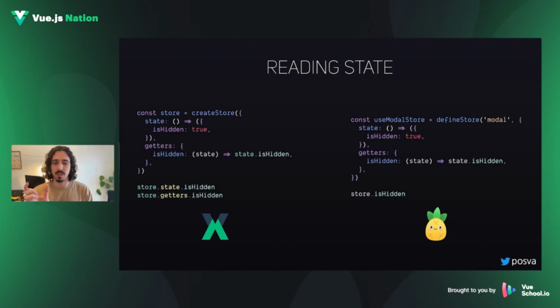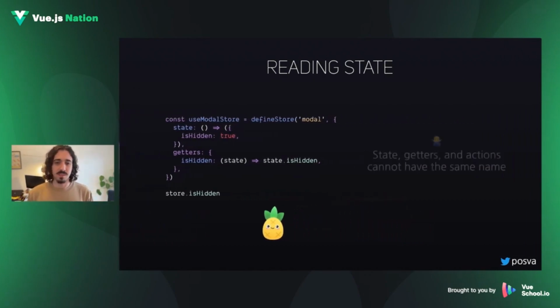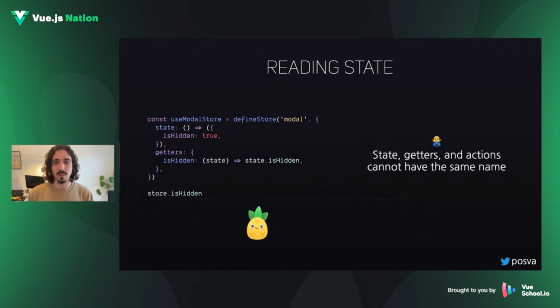We don't have these intermediate state or getters objects. And so because of that, we cannot have a property in the state and a property in the getters or the actions that are named the same. So this is something that could look very straightforward if you started using Pinia, but for someone who comes from Vuex, I've seen this be a problem very often. State, getters and actions should not and cannot have the same name in Pinia.